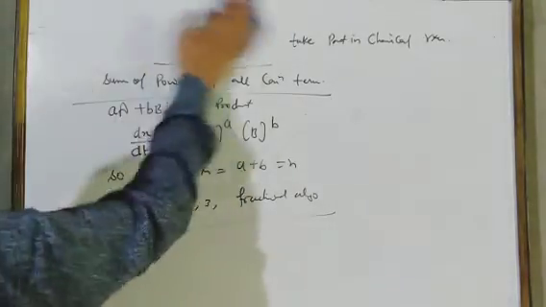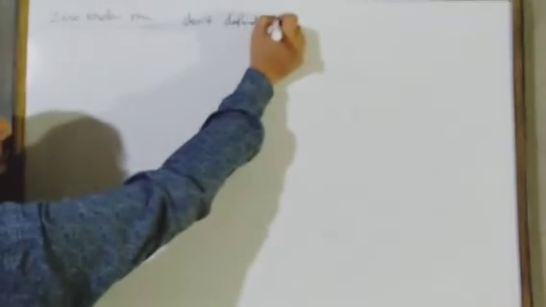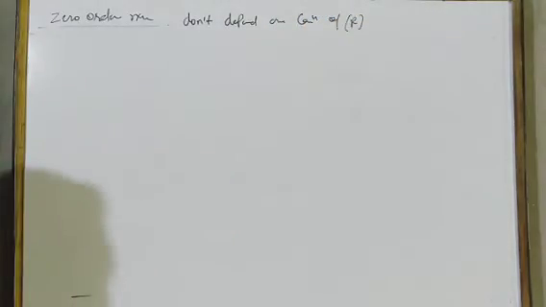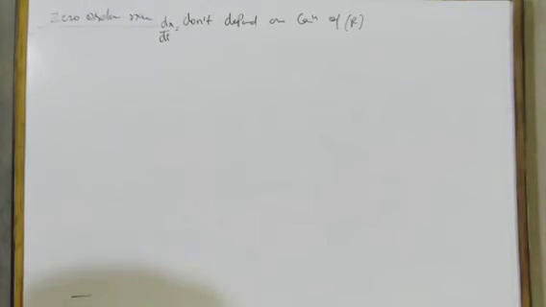So first we will take example of zero order reaction. Zero order reaction means in which rate of reaction does not depend on concentration of reactant, in which rate of reaction, meaning dx over dt, does not depend on concentration of reactant.